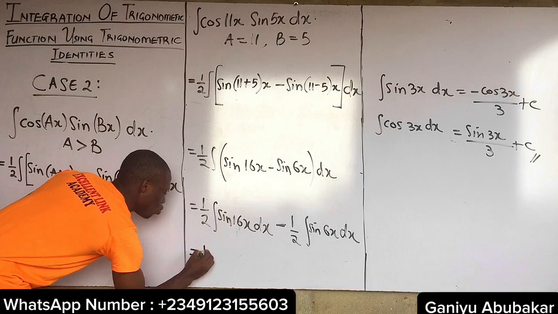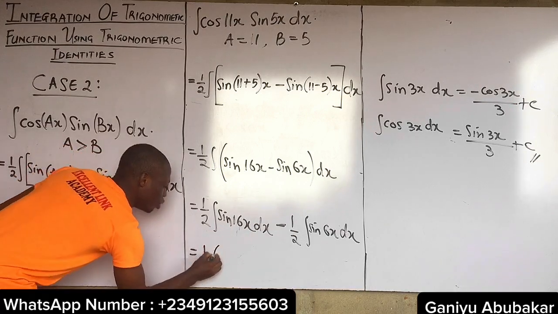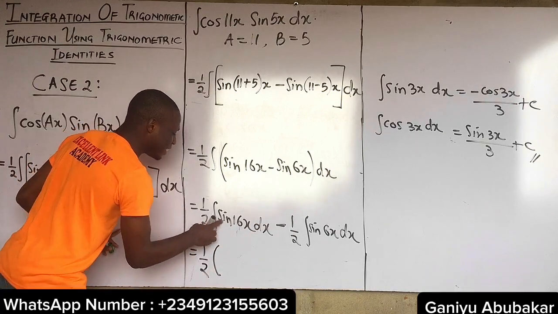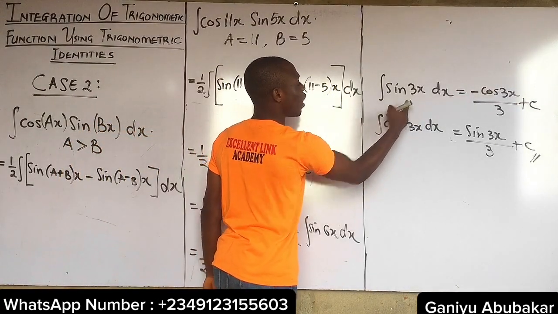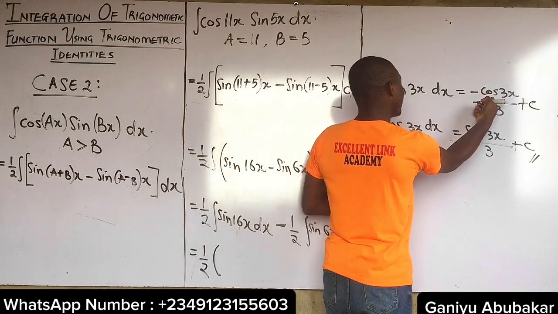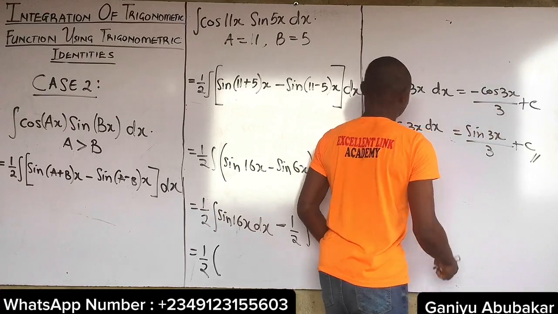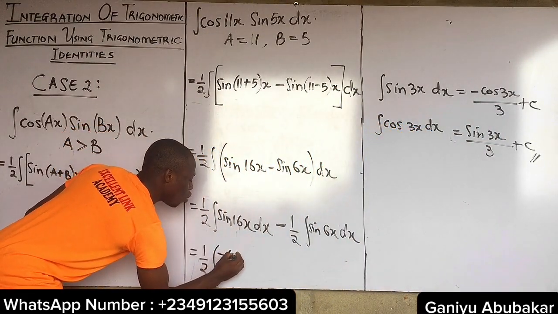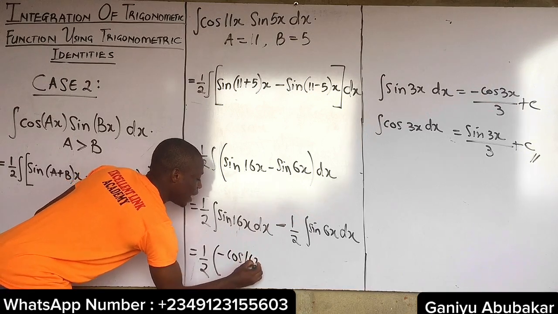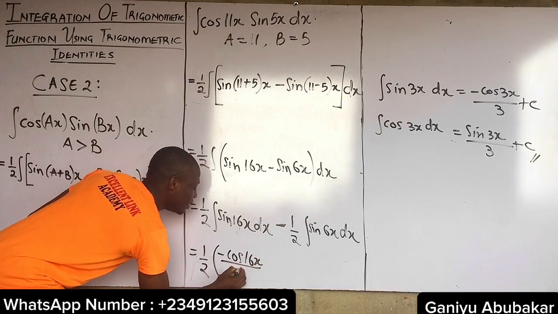So it is equal to 1/2, which is half, into, if I integrate sine 16x, observe please, if I integrate sine 3x, I'll have minus cos 3x, so if I integrate sine 16x, I'll have minus cos 16x, all over this 16.